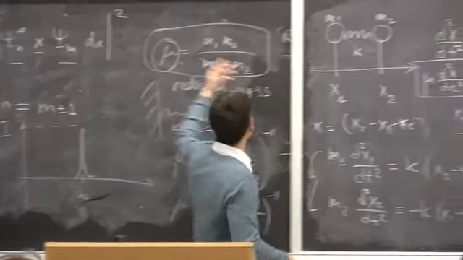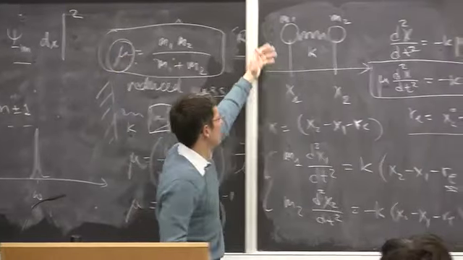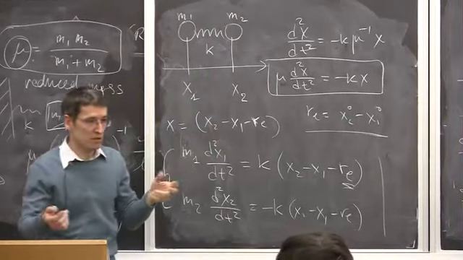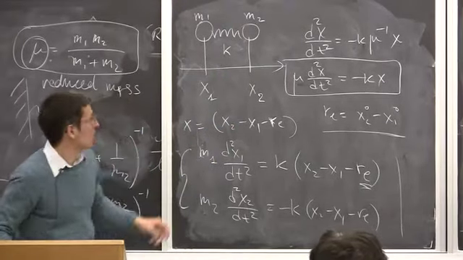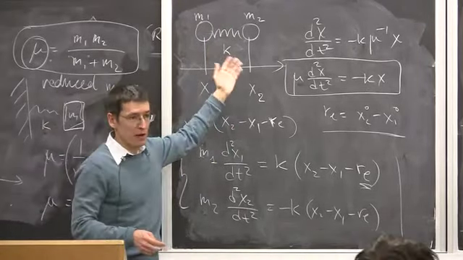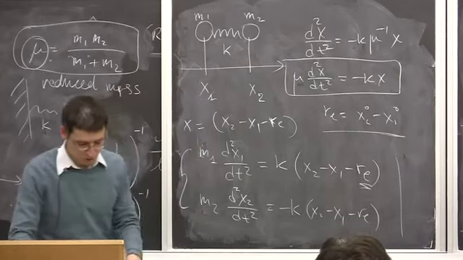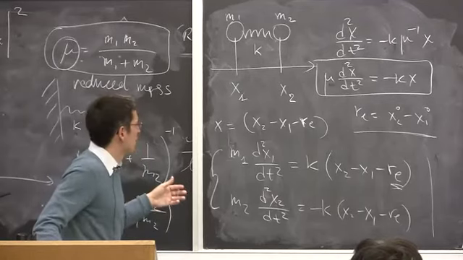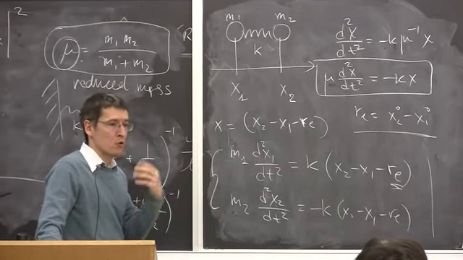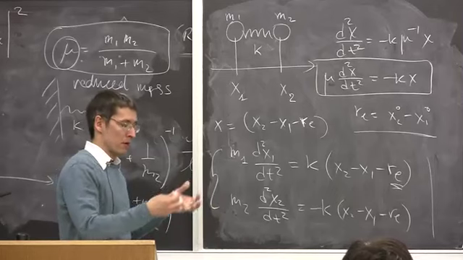Now we have a different mass that is a function of two masses, which is natural because both masses you would expect to contribute to the vibration of the whole molecule, right? So essentially we reduce the two-body problem to a one-body vibration problem, right?